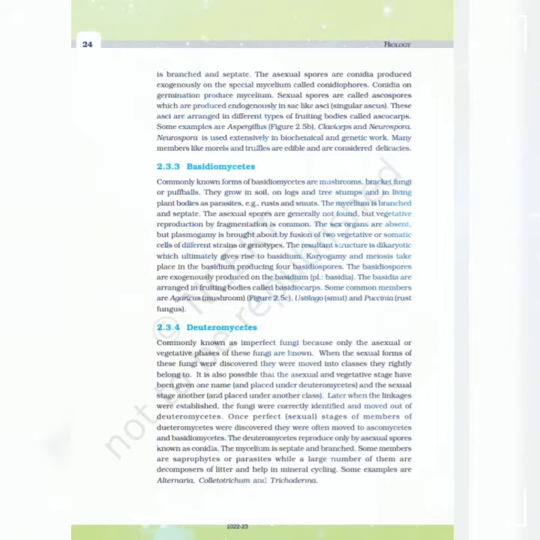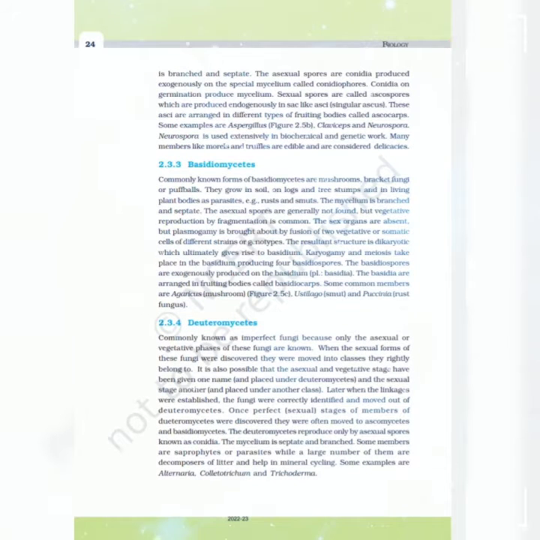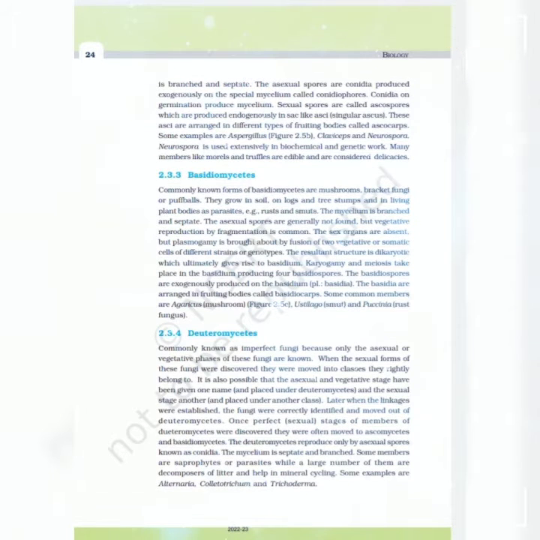Karyogamy and meiosis take place in the basidium, producing four basidiospores. The basidiospores are exogenously produced on the basidium. The basidia are arranged in fruiting bodies called basidiocarps. Some common members are Agaricus, mushroom, figure 2.5c, Ustilago, smut, and Puccinia, rust fungus.